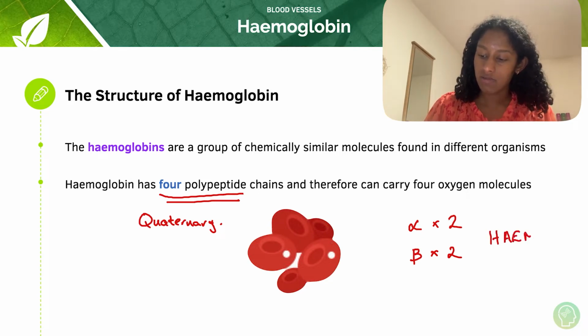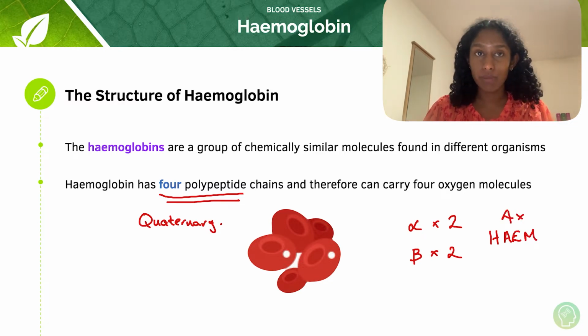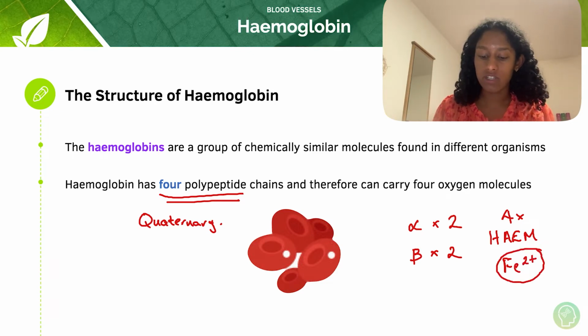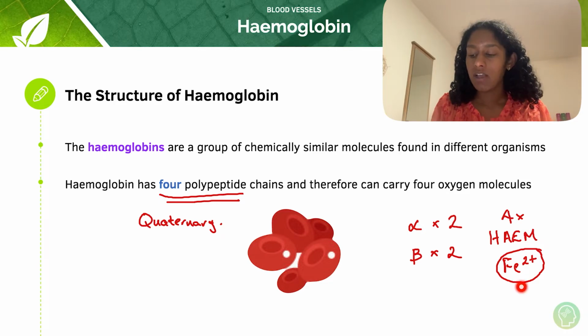So that means there are 4 heme groups, and within each heme group there's an Fe2+ ion. It is this ion that oxygen associates with. So if there are 4 of these, haemoglobin can carry up to 4 oxygen molecules.